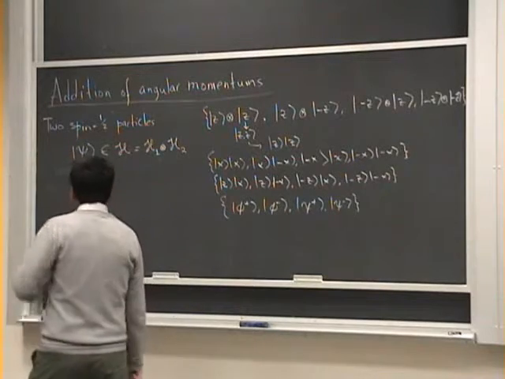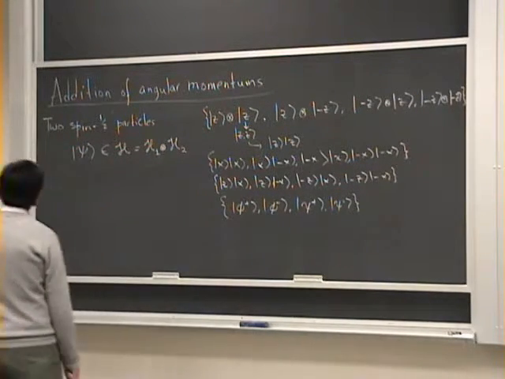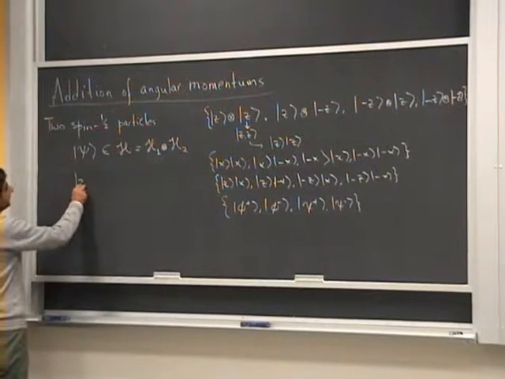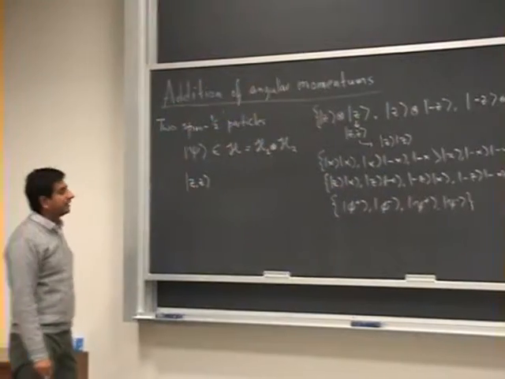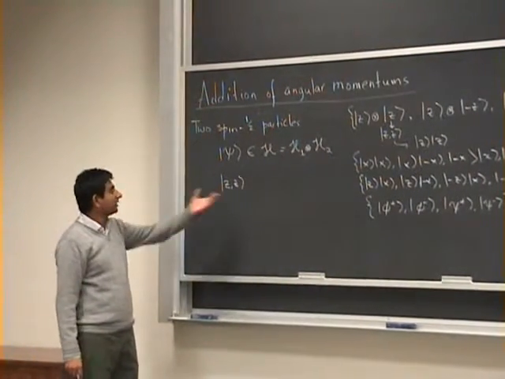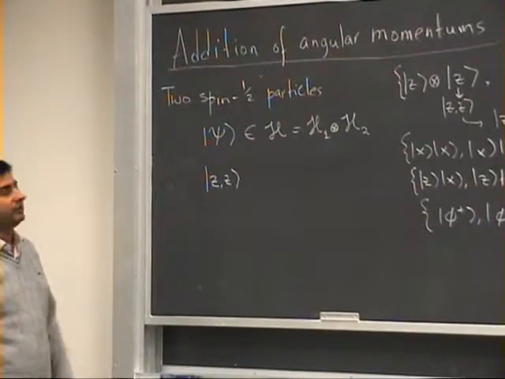Alright, so suppose we choose as our basis state |z, z⟩. Okay? Now we know that this quantum state lives in a four-dimensional space.